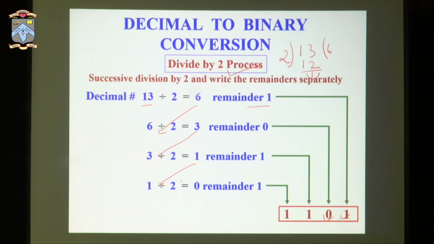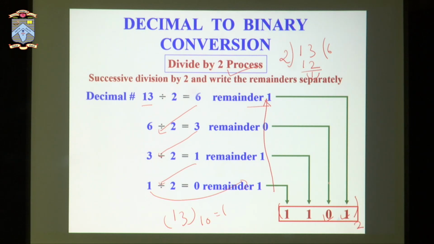We cannot divide, therefore, you write 0 and the remainder is 1. That means you are writing this number as it is. And finally, you write all these remainders from bottom to top. That means 1, 1, 0, 1. Therefore, the decimal number 13 is equal to 1101 with base 2.